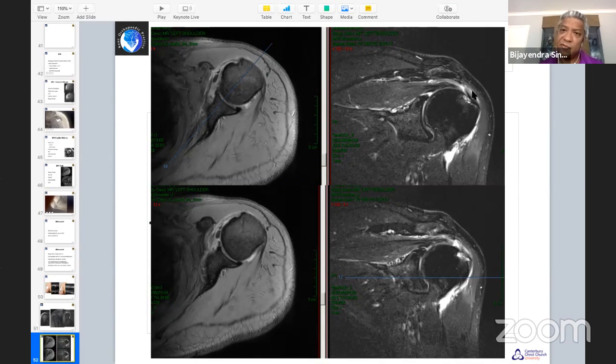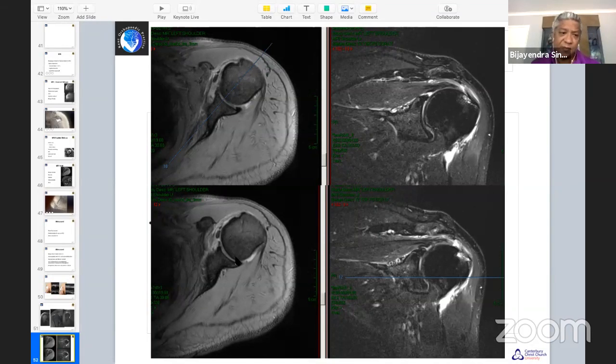There's a fair amount of fluid all around. The glenoid and the humeral cartilage looks fairly normal. On the other pictures, this looks like a T1 image, which shows on the top one, I can see the biceps tendon has moved out of its groove, and the subscapularis also looks to be torn, which is seen even on the bottom picture.